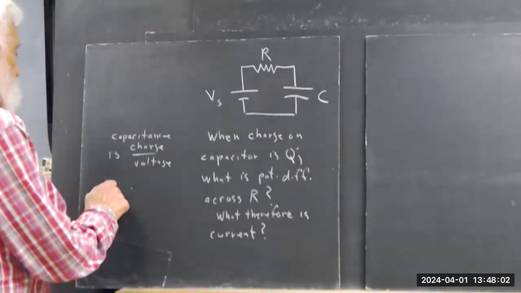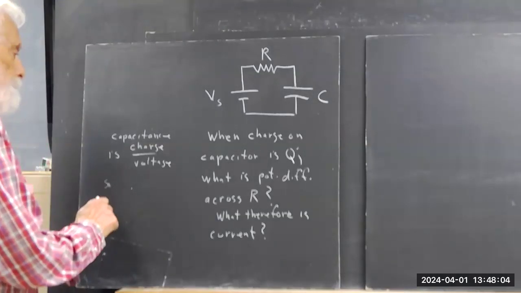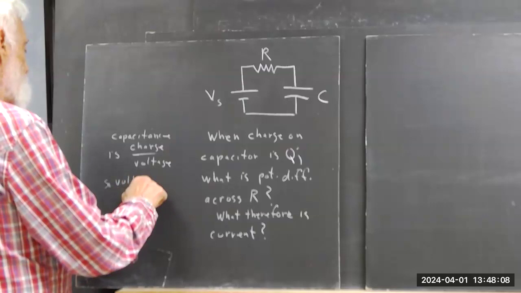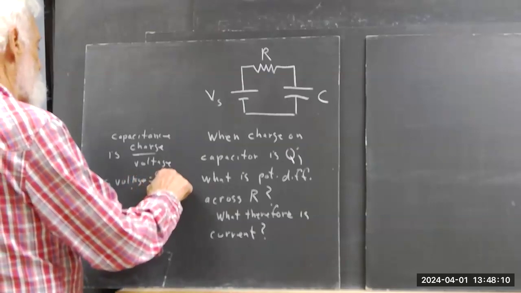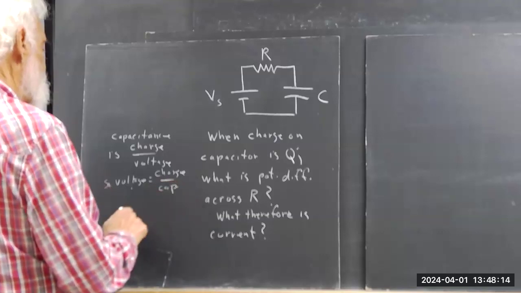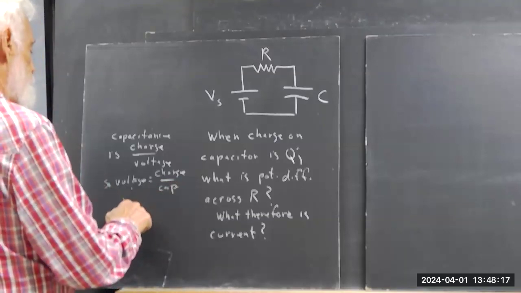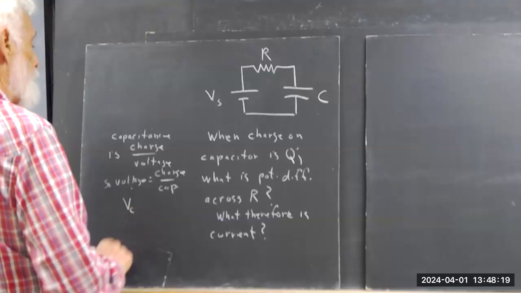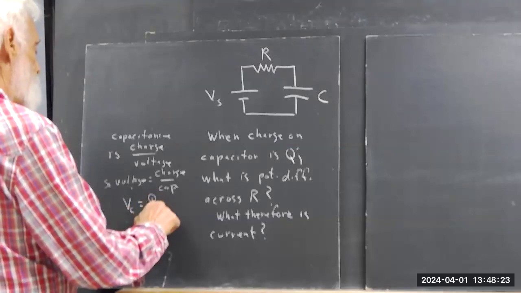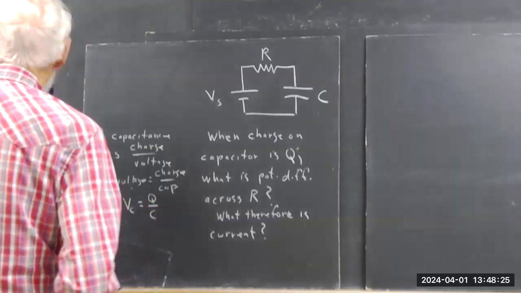So voltage equals charge over capacitance. So V capacitor equals Q over C.